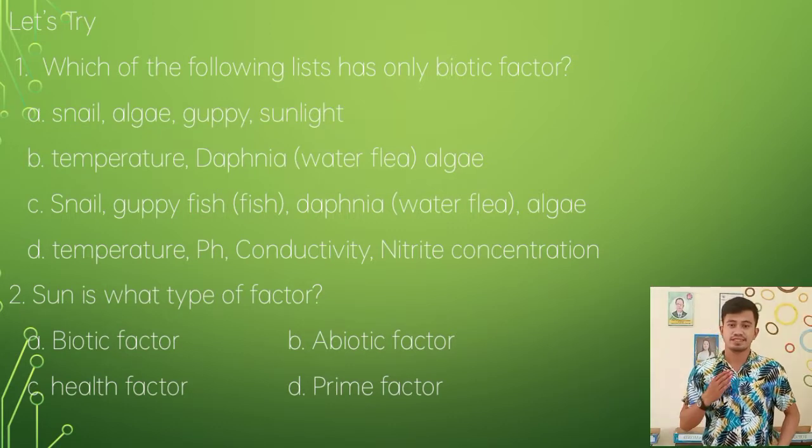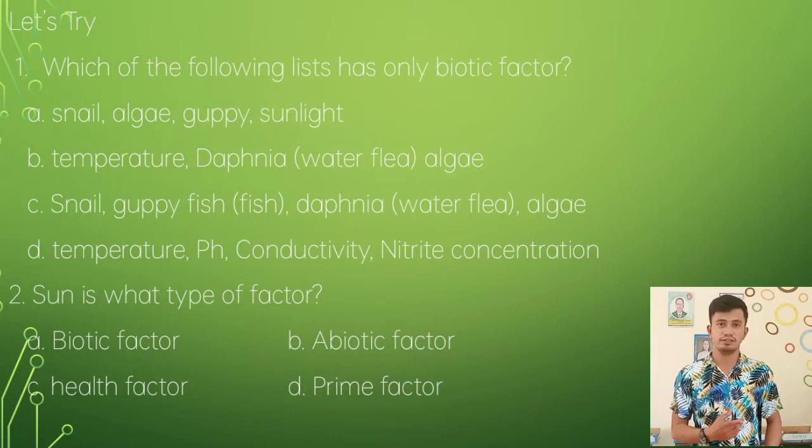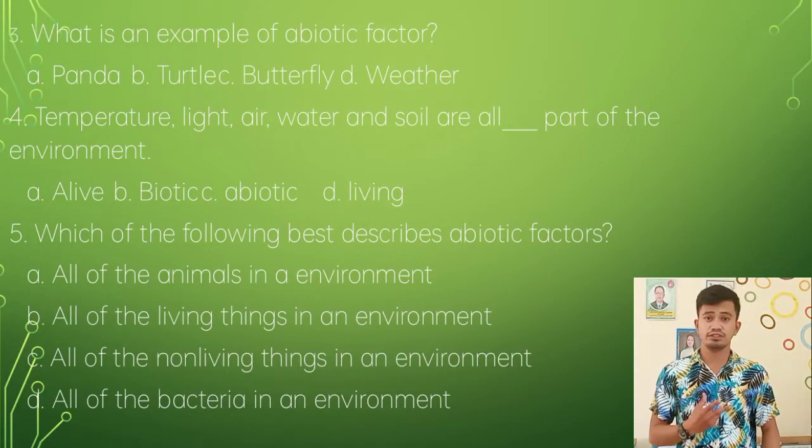Number 2, sun is what type of factor? A. Biotic factor. B. Abiotic factor. C. Health factor. D. Prime factor. The correct answer for number 2 is letter B. And now, let's proceed to number 3.